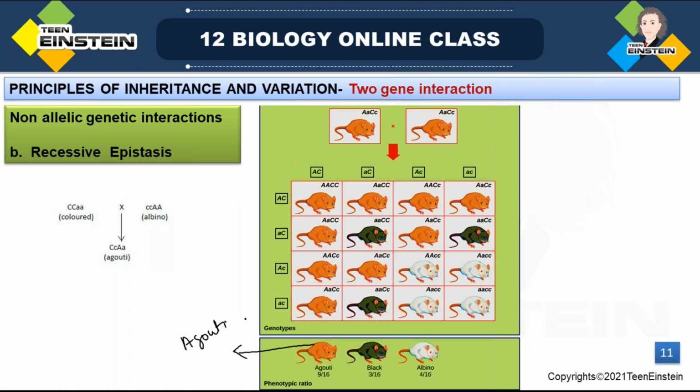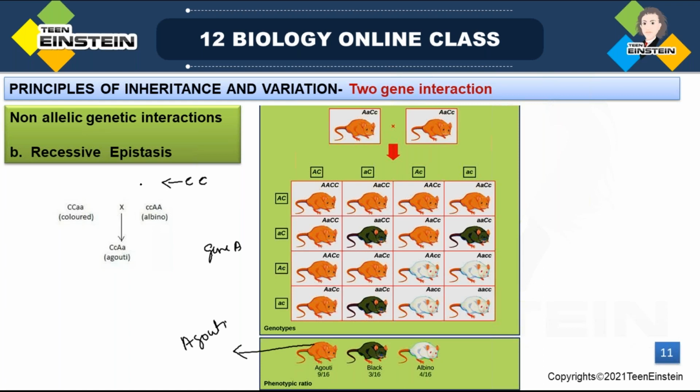And next, suppose this color is controlled by gene A. And this A is hypostatic to recessive allele C. When the recessive condition comes, the C comes together, that suppresses the other expressions.